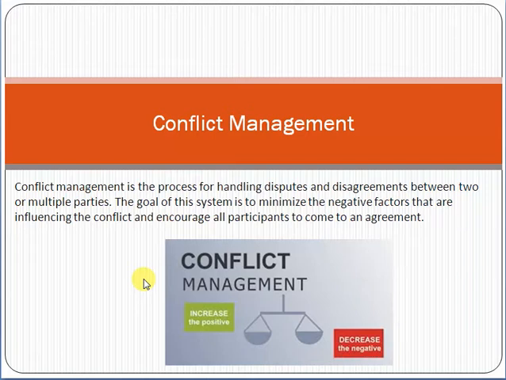A very simple example, there are multiple examples, but let me give you one. For example, there is a territory and two countries are saying that this territory belongs to their country. Okay, ABC country and BCD country, there are two countries, and there is a territory, and both are claiming it.